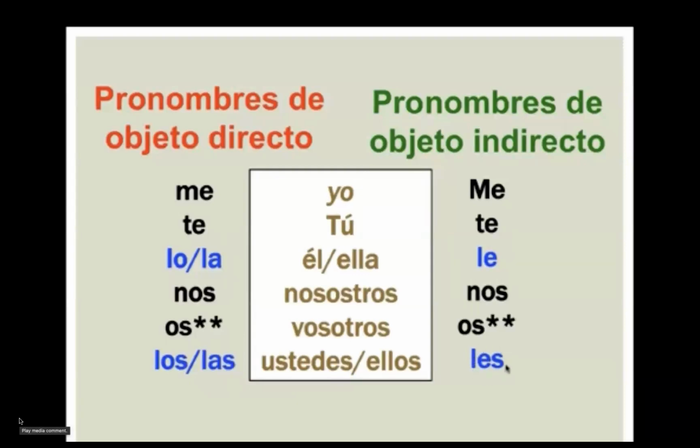Finally, for the indirect object pronoun, for ustedes, ellos, we will have les. Once again, similar to le, the gender doesn't really play a role here, but rather the number. That is, we are referring to the plural form.